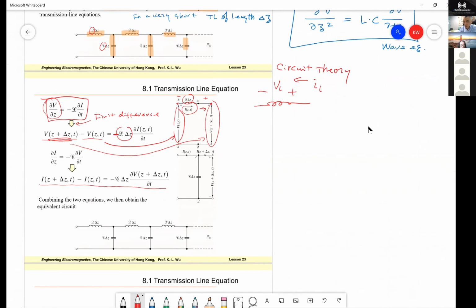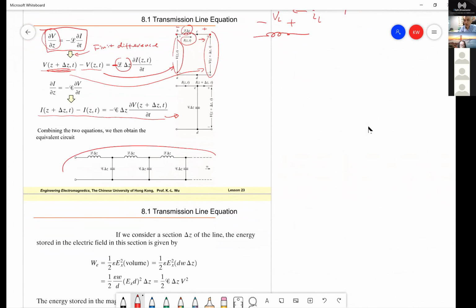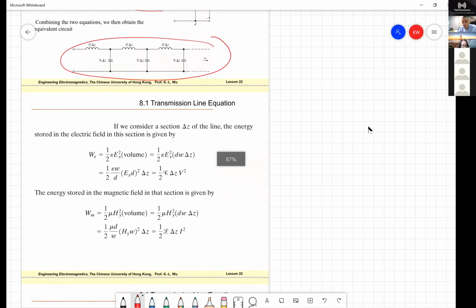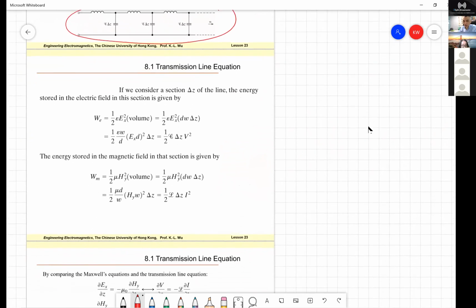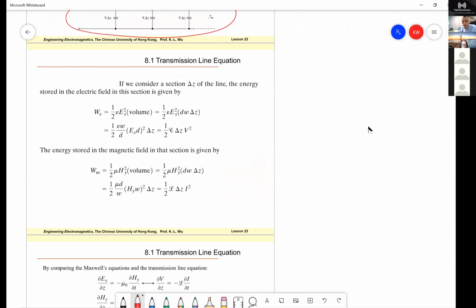Similarly, the second equation explains the capacitance. Once we combine these two, we can form this circuit model. So similarly, we can explain the power stored in capacitance and stored in inductance.